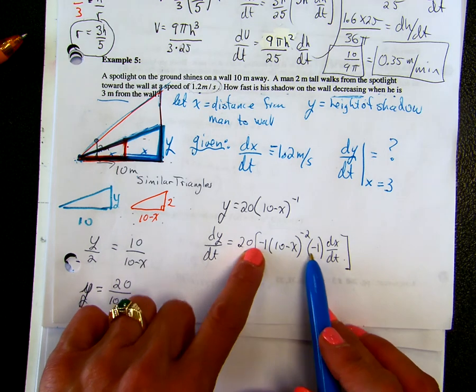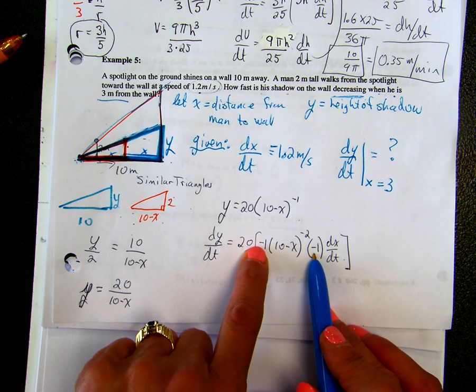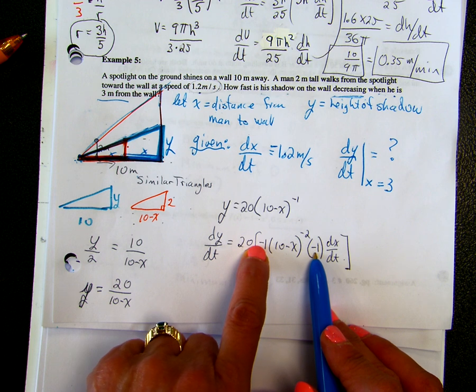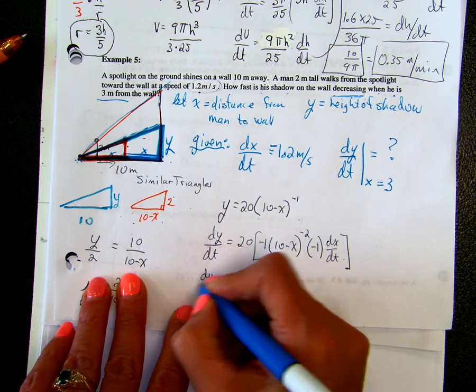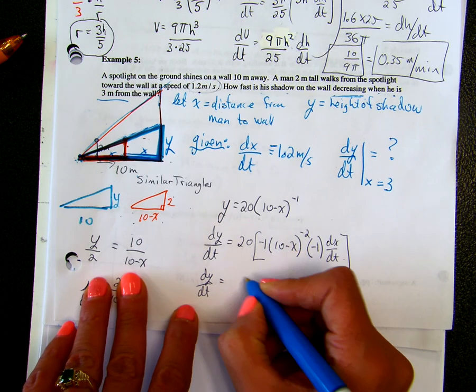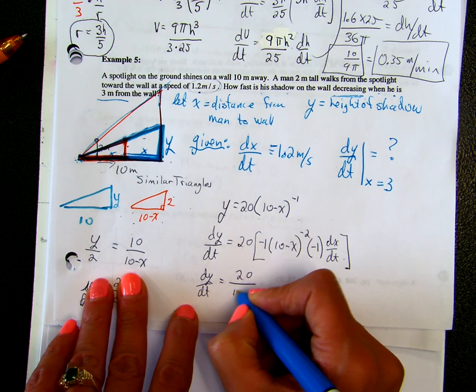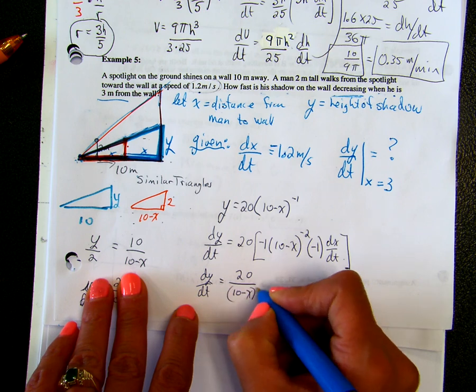Okay, so simplifying, this is going to be a positive, and I've got 20 over (10 minus x) squared dx/dt. So dy/dt is equal to positive 20 over (10 minus x) all squared, times dx/dt.